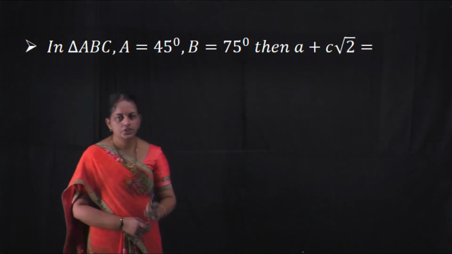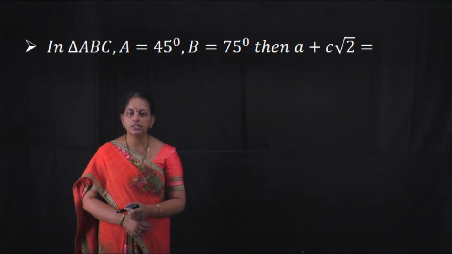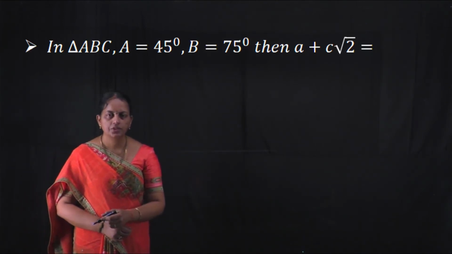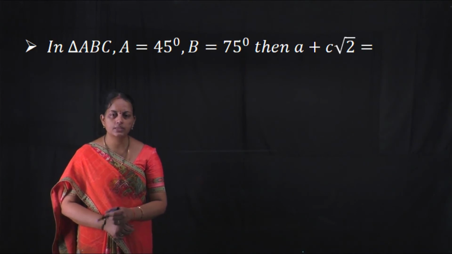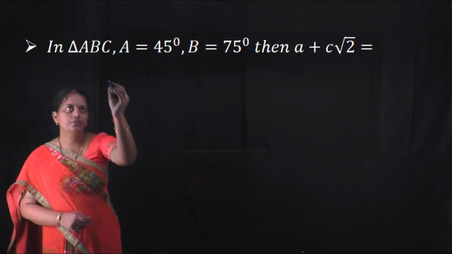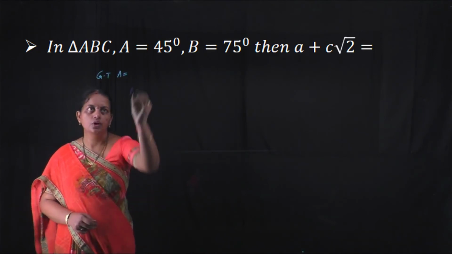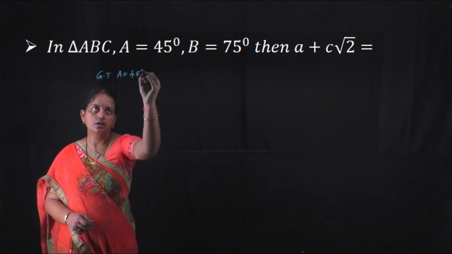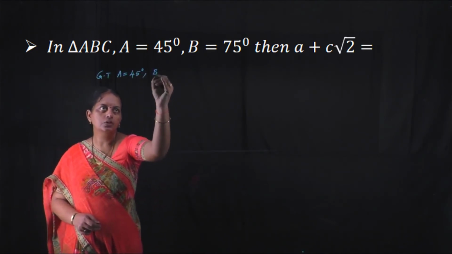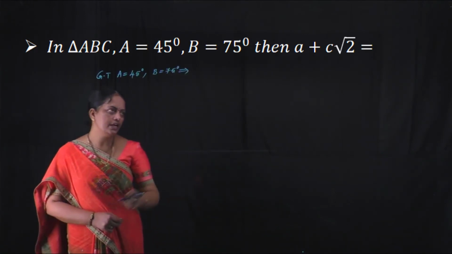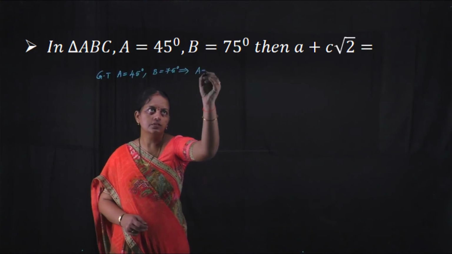Okay. Next one is, in triangle ABC, A is equal to 45 degrees and B equal to 75 degrees. Then what is the value of a plus c root 2? Given that angle A is equal to 45 degrees and angle B equal to 75 degrees. And we know that sum of angles in a triangle is equal to 180.